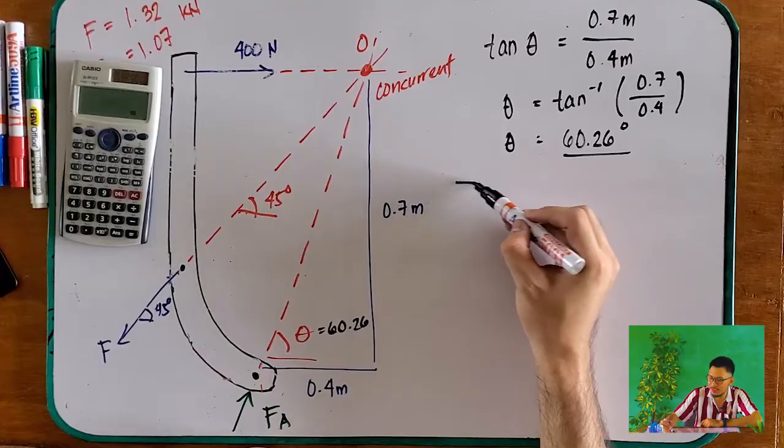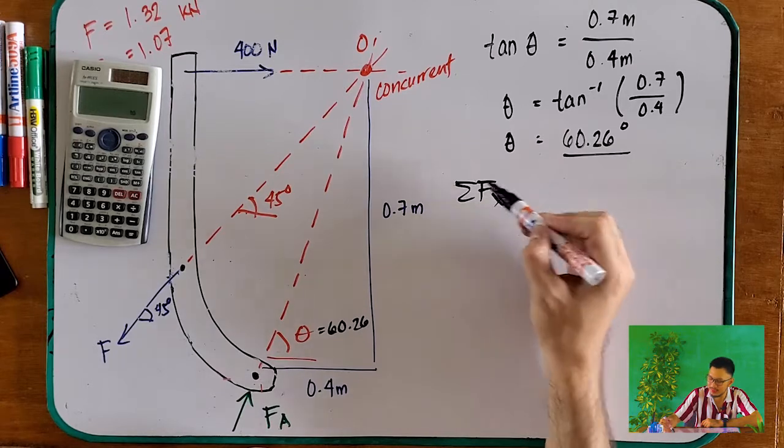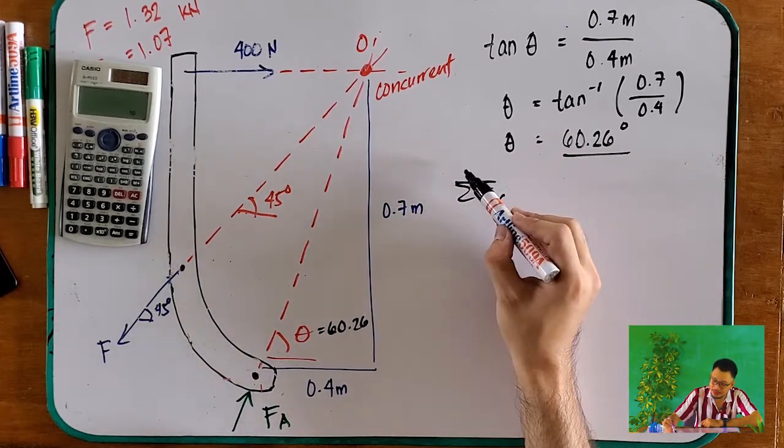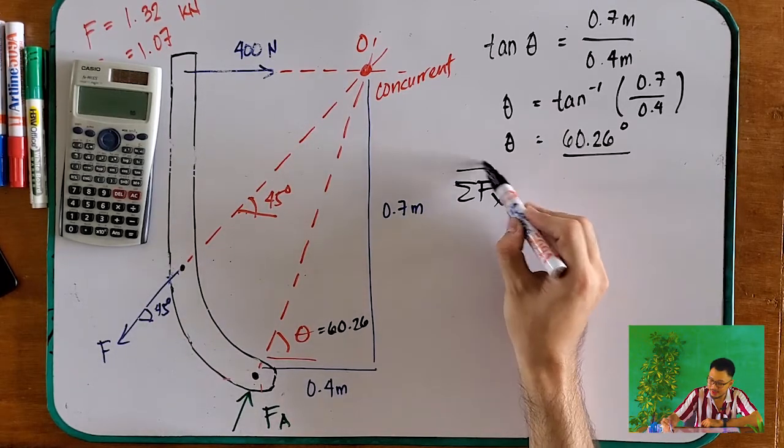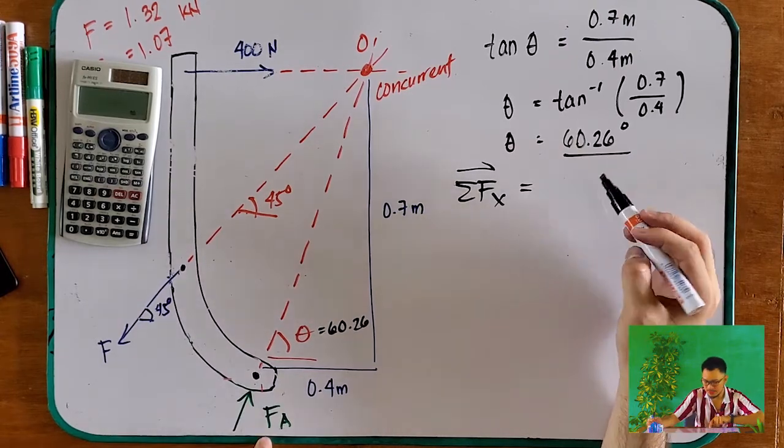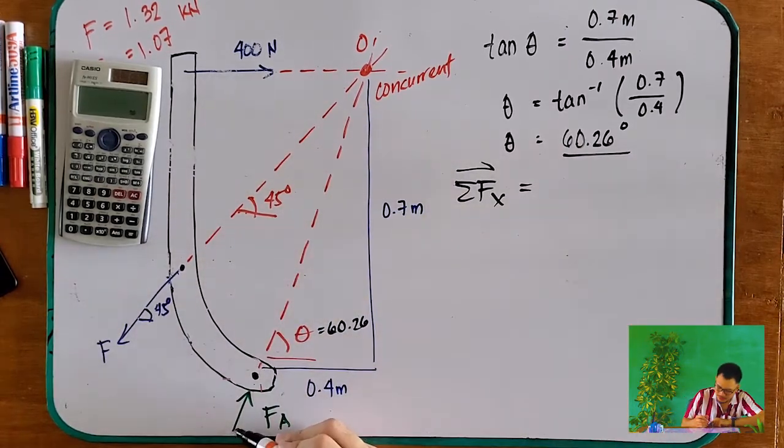And we can again solve this one by using our summation of forces along the x and y. And we are not going to use moments. Weird, but this is just another kind of solution that you might use. So this is summation of forces along the x, and let's say we're going this way. Equals to FA, so this one is 60.